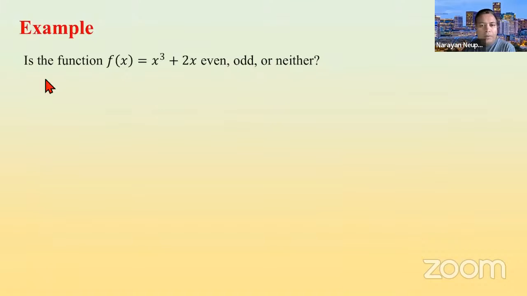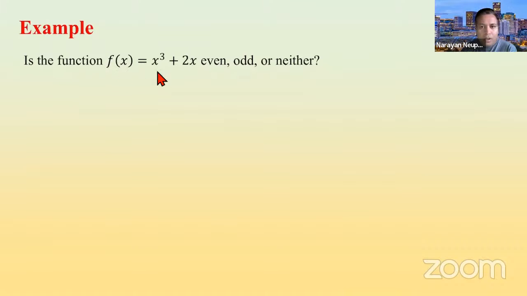So please copy this one now, and we're going to work on it. Okay, let's work on this.